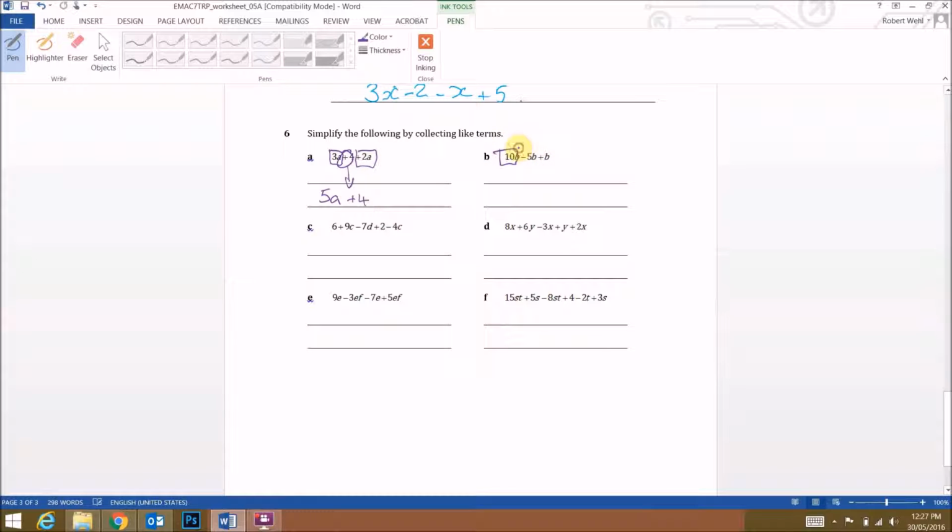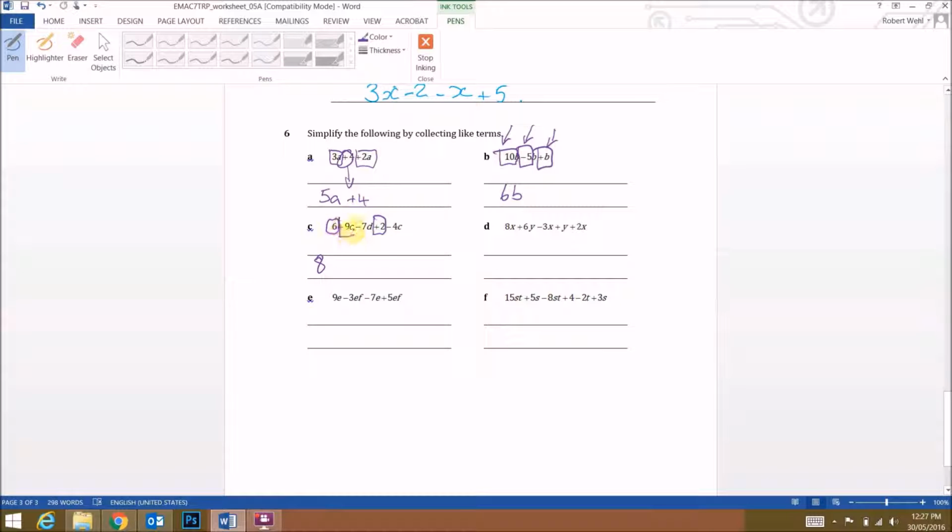This one here. Let's start with the B. So I've got 10B, a minus 5B, and a plus B. So if I've got 10 bananas, I take away 5, I've got 5 bananas left, and then I add 1 banana, it leaves me with 6 bananas. Here, let's start with the 6, so it's a constant term. There's one more constant term here, so I can put them together. 6 plus 2 is 8.